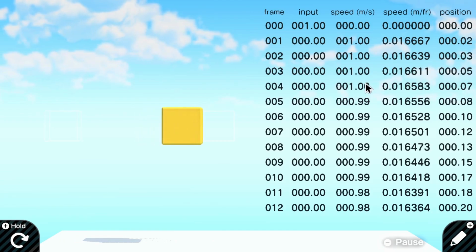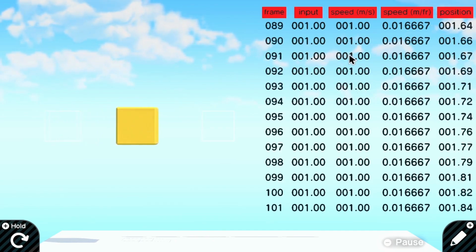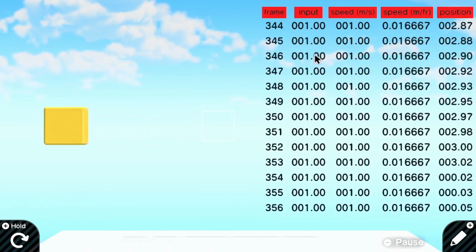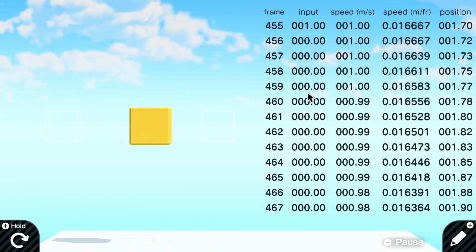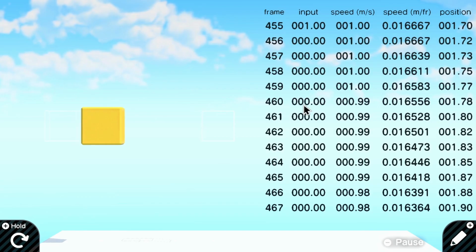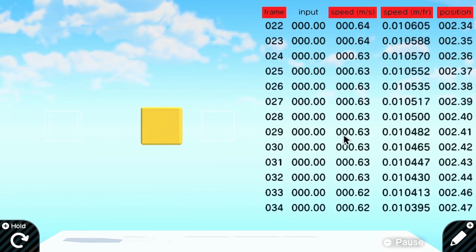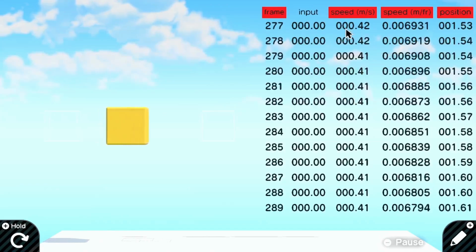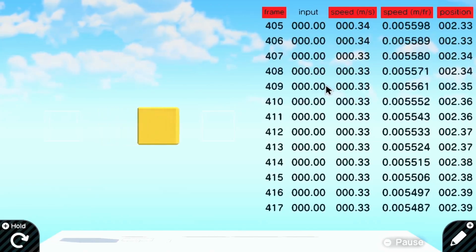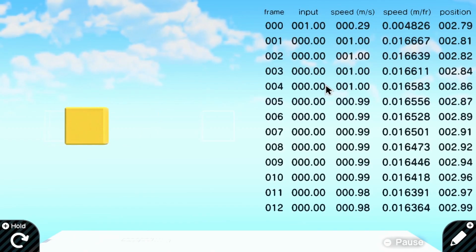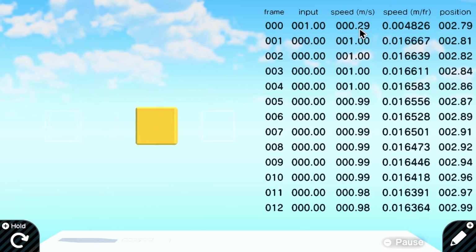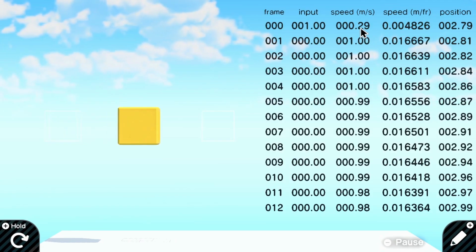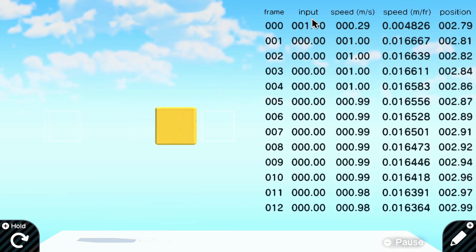But if we hold 1, instead of going higher and higher, here it just stays at a value of 1. Simple enough. And now that it's slowing down, you can see me printing out the values live. When I press the button again, like here, 0.29, after it sees the input 1 at 0.29, it goes back to the input speed.